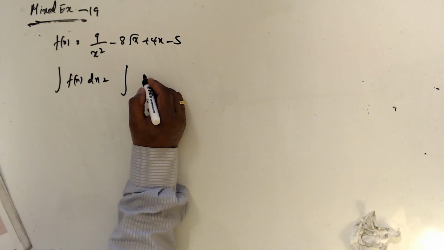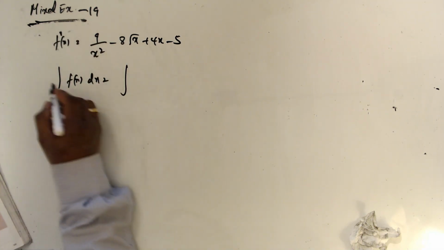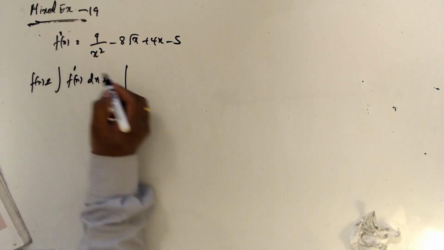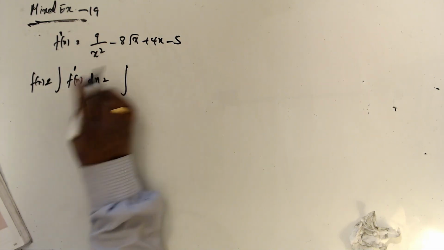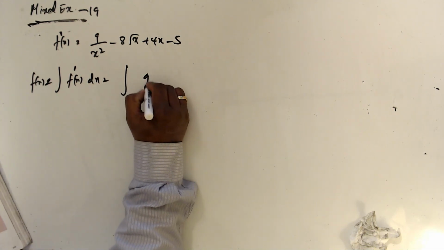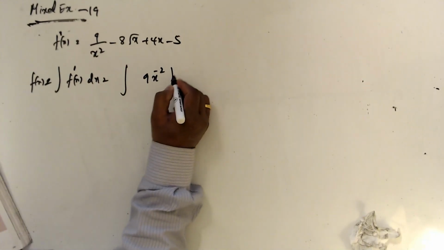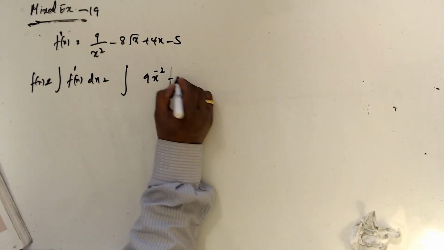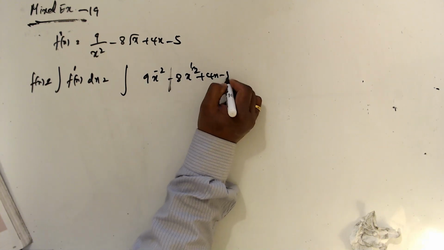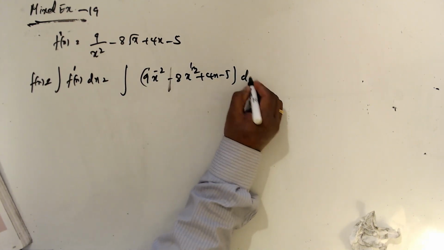Question number 19. This is f dash x. So when we integrate f dash x, we will get fx. So we want to integrate 9x to the power minus 2 minus 8x to the power half plus 4x minus 5 dx.